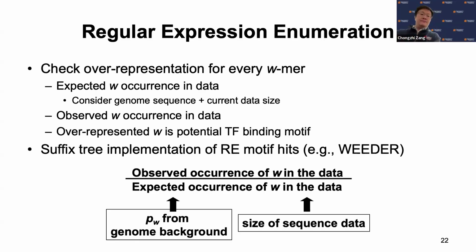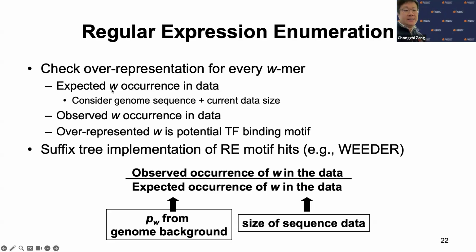The idea is simple because it is a deterministic approach, right? We want to check the representation of every W-mer or K-mer. So we have a number of K nucleotides. We just want to count, for each type of K-mer, what the occurrence of this K-mer is in the input data.